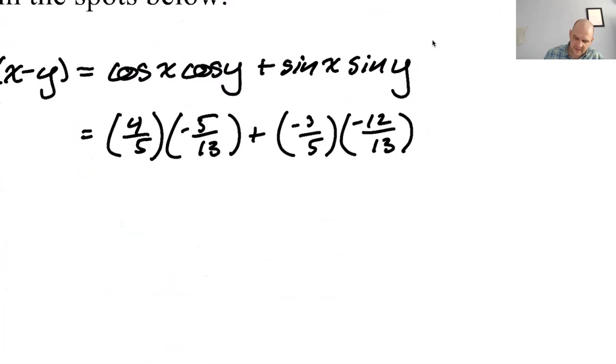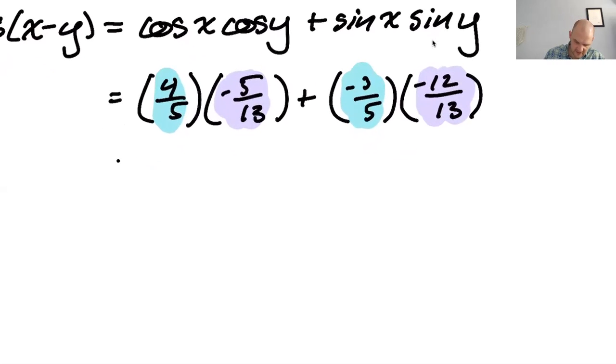You can also look and make sure that you have nice corresponding ratios. I know that 4/5 and 3/5 should go together. The pluses and minuses, you have to look at your triangle and make sure that you're doing the right thing. But I know that 5/13 and 12/13, because of Pythagorean triples, should go together. So I'm feeling like this has a really good chance of being right.